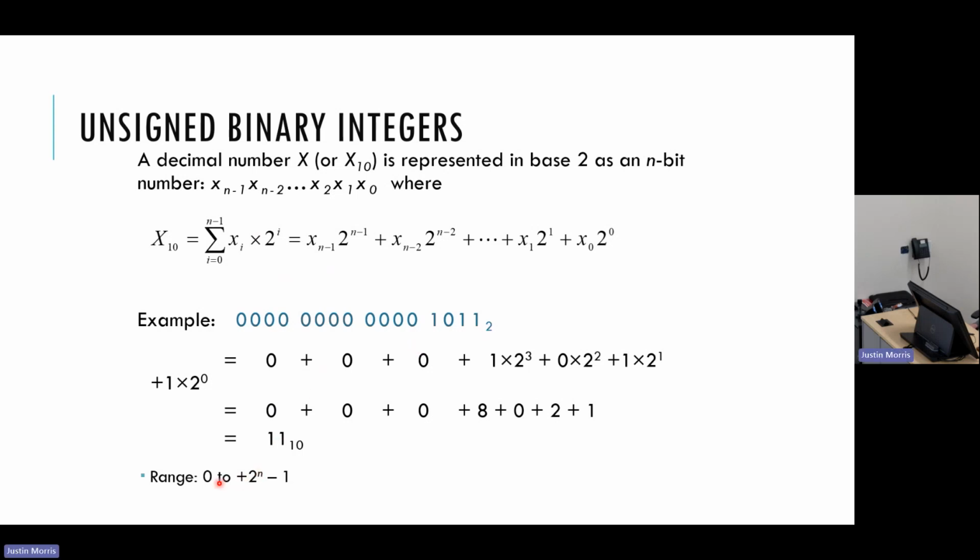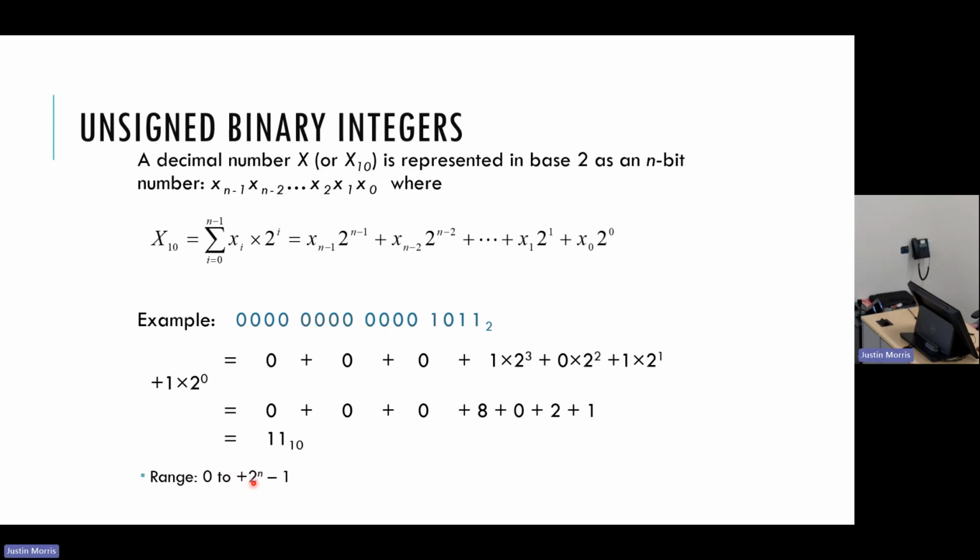So if you want to talk about the range of unsigned integers that you can denote in pretty much any base, it's very easy for us. If you have 3 decimal digits, it's 0 through 999, right?